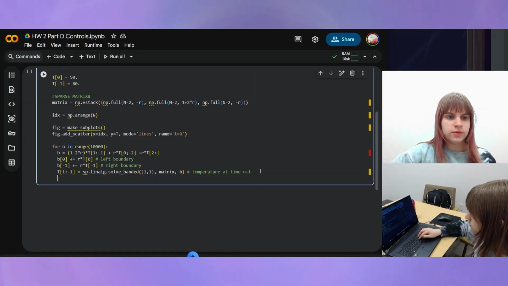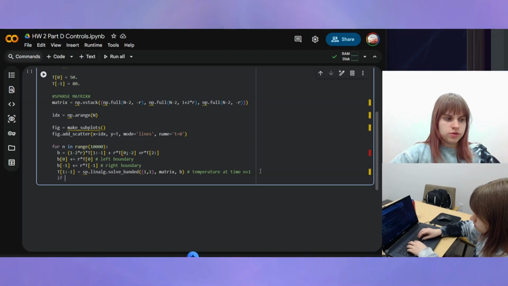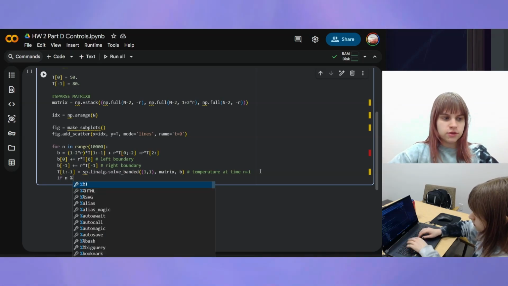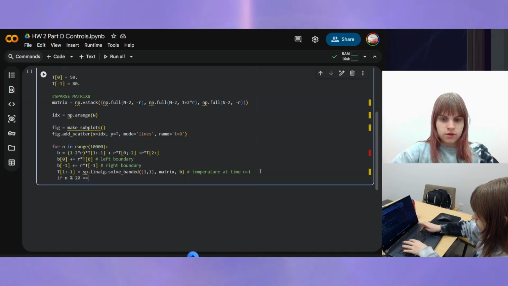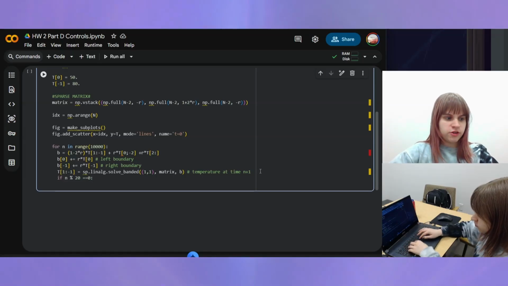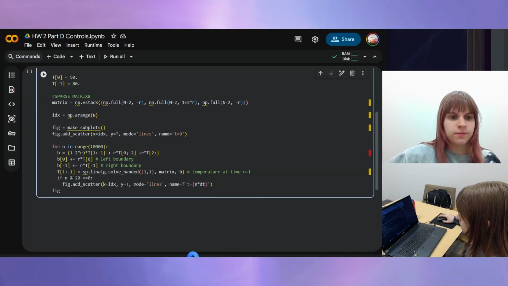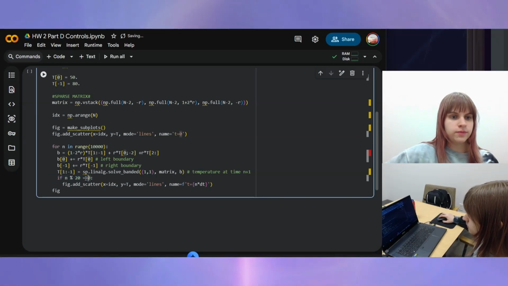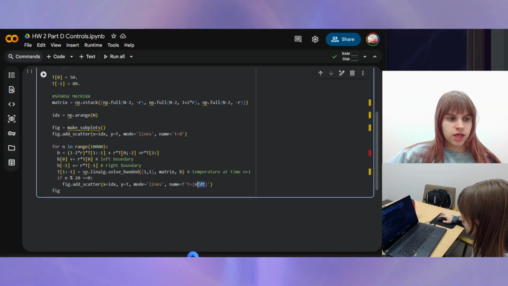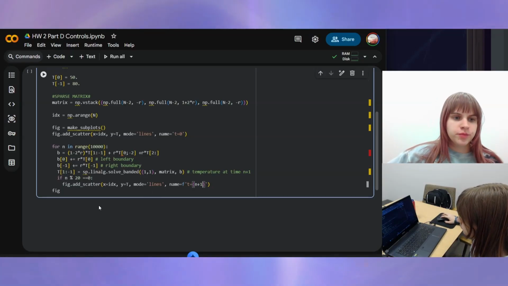And then similar to what we did in part C, we don't want to plot every single line. So we're going to use this modulus and add a scatter like that, only if the remainder is true right here. And this name is actually n plus 1.